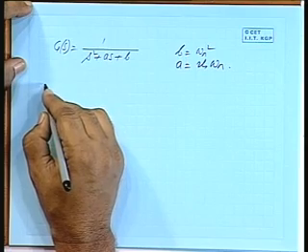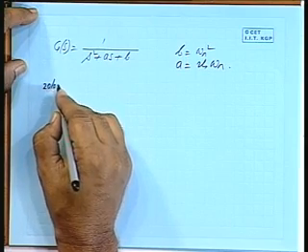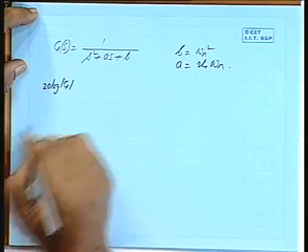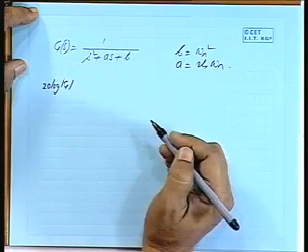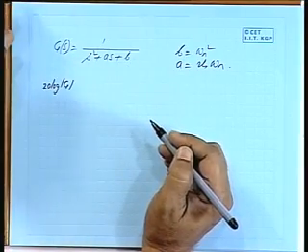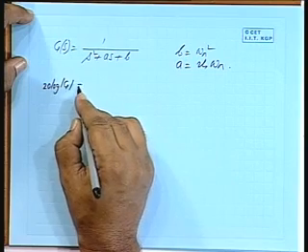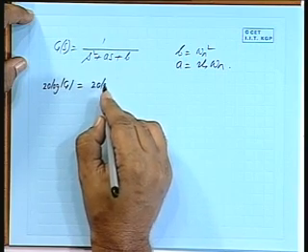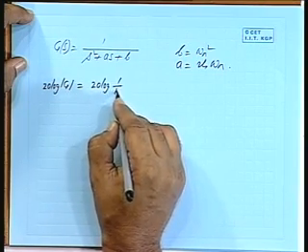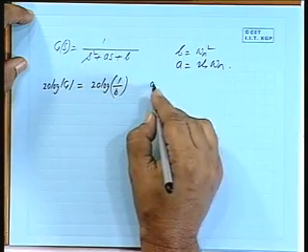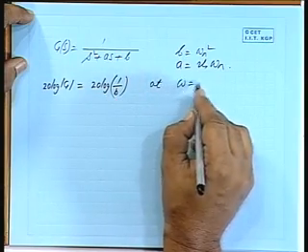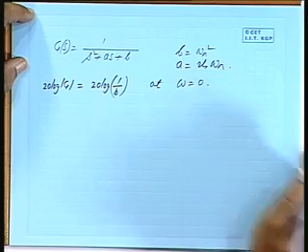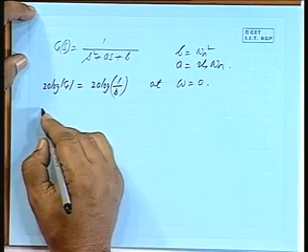What will be 20 log of g at s equal to 0? It will be 20 log of 1 by b at omega equal to 0. That means DC value.